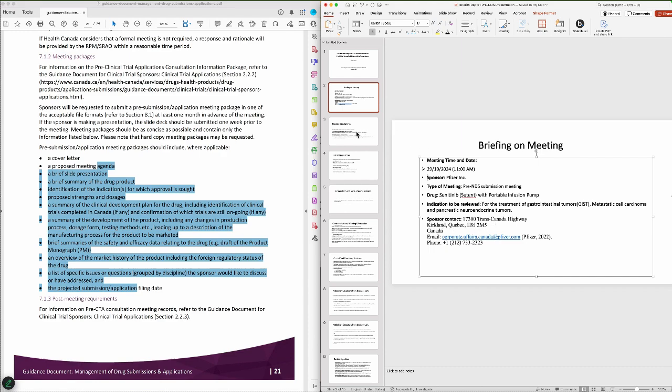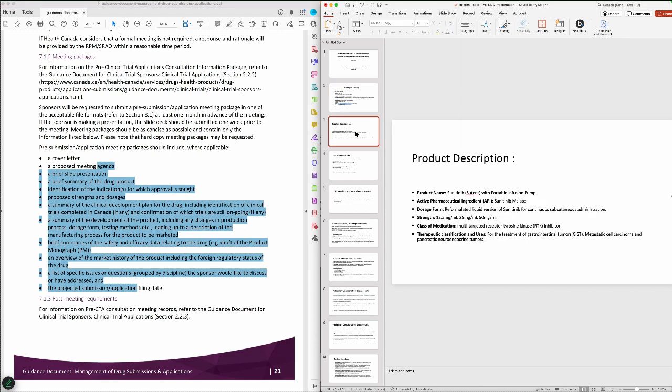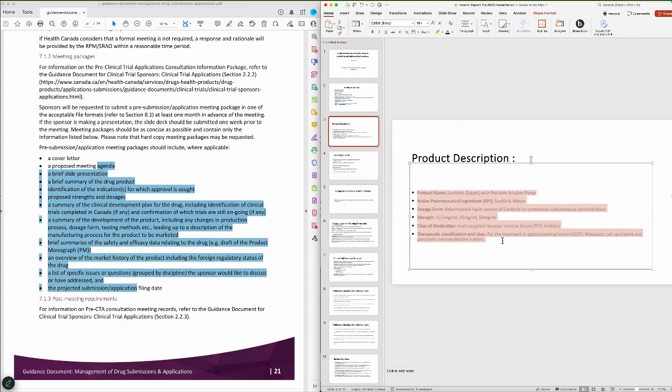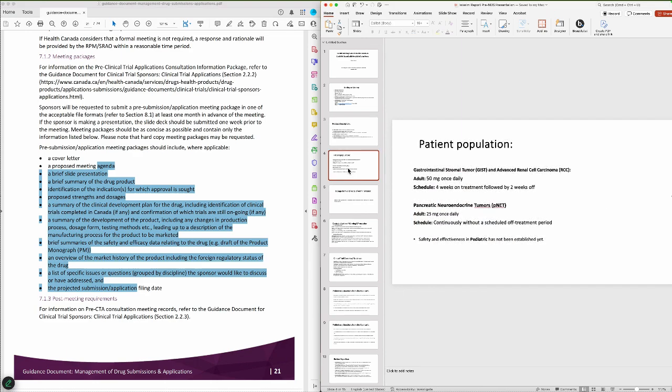Then the next slide is about the product description. And here we are looking into the information that you have to add in this slide related to your product. Then the next one is the patient population. So as you see, we are just completing each slide using the template that we have been given.